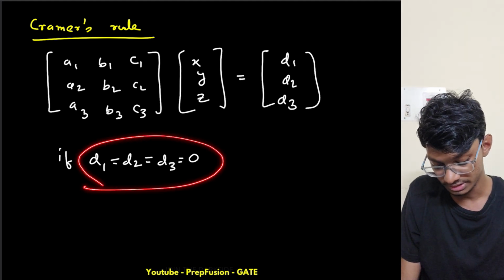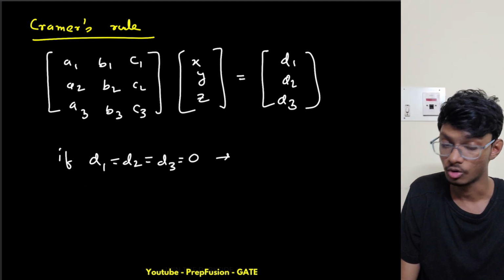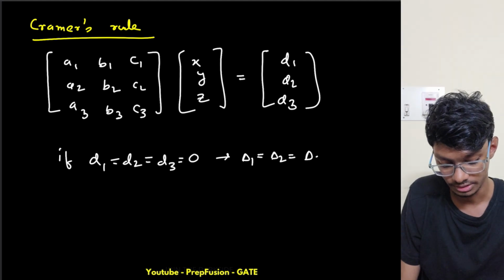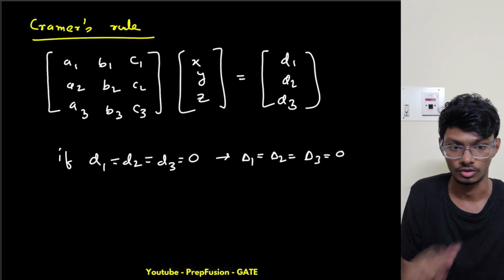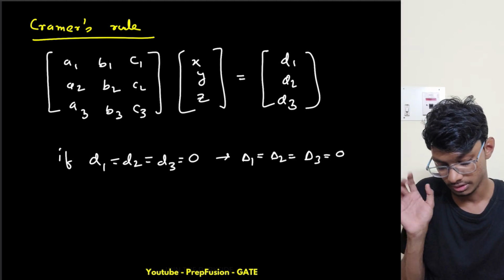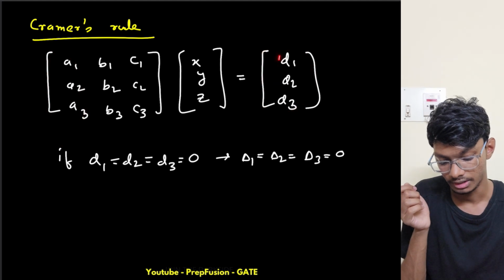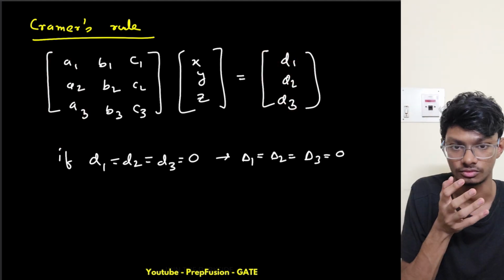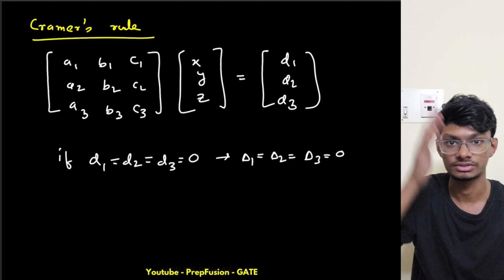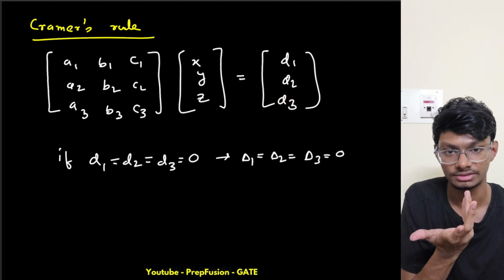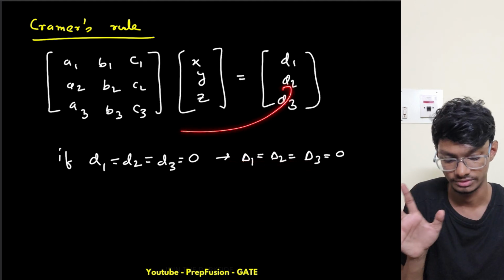If these are 0, then I hope you remember that delta 1 equals delta 2 equals delta 3 will also be 0. All of them will be 0. Why? Because when I find delta 1, I will replace this column with this one, and this is a full row of zeros. A row of zeros will make the determinant 0, so delta 1, delta 2, all of them will be 0.